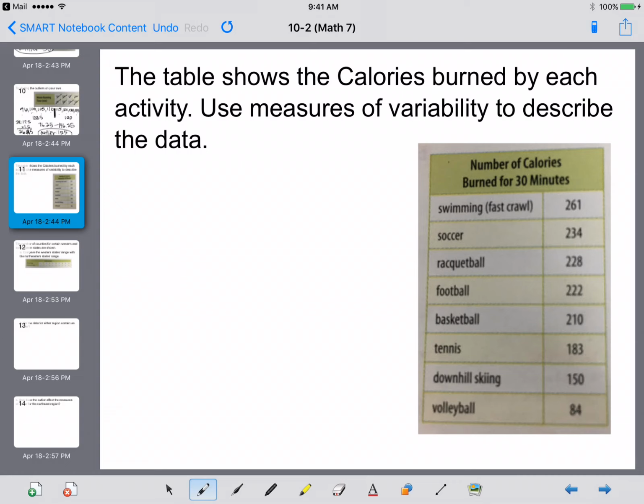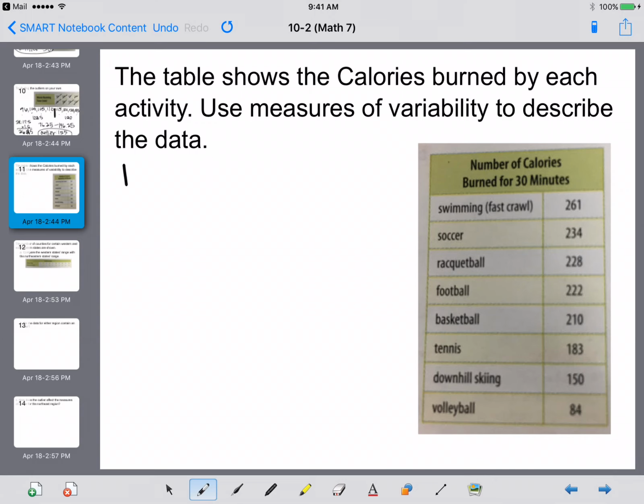Here it says the table shows calories burned by each activity and use measures of variability to describe the data. So we're going to do more than just figuring out what these numbers are. We're going to explain them as well.